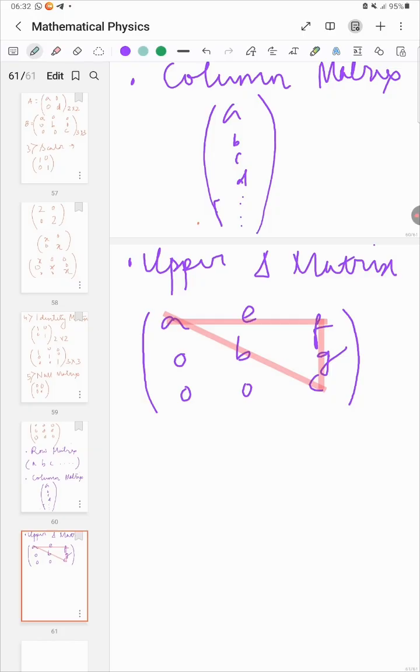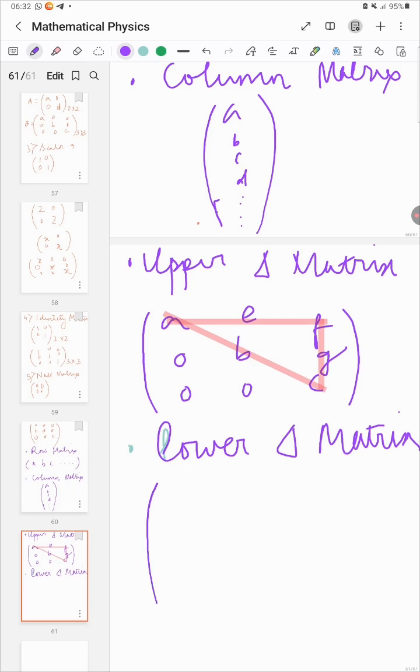Similarly, now we'll look into lower triangular matrix. What is it? If all the elements above the principal diagonal are 0, then it is said to be a lower triangular matrix. Here the criteria says that all the elements above the principal diagonal need to be 0. So below the principal diagonal the elements can be non-zero.